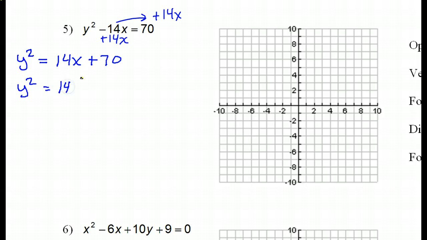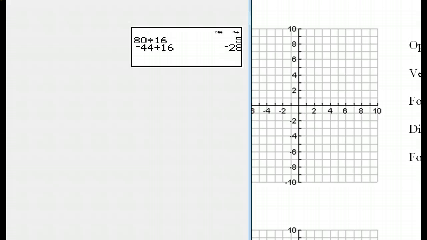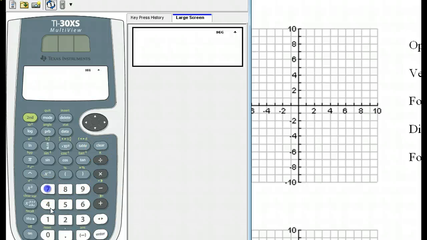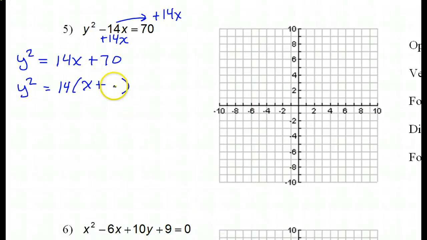I'm betting 14 goes into 70 evenly. Yeah, everything's going in 5 times today, so check that out. So bam, this is our standard form.